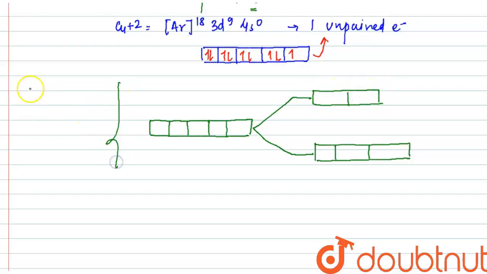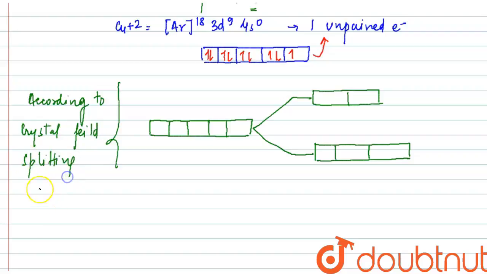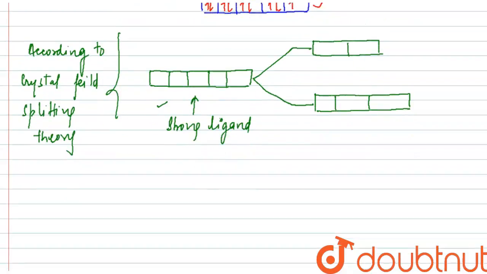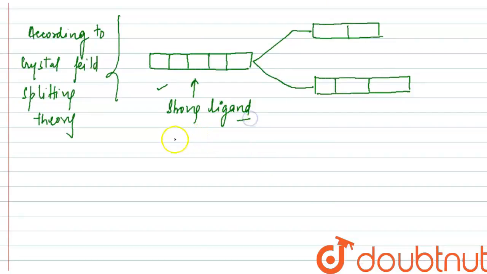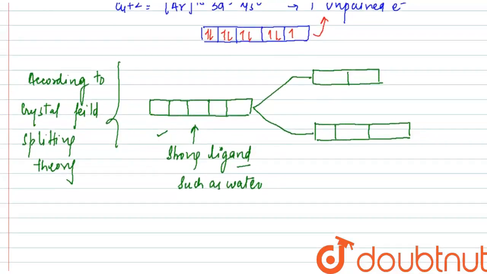According to crystal field splitting theory, what happens? The d orbital in the presence of any strong ligand, what are ligands? Ligands are those which have a lone pair, right? So in the presence of strong ligands such as water, there is a splitting of d orbital that we observe.